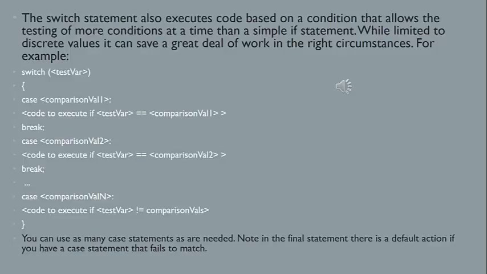For example: switch test variable, open curly bracket, case comparison value 1, code to execute if test variable matches comparison value 1, break; case comparison value 2, code to execute if the test variable matches comparison value 2, break; ellipsis, case comparison value n, code to execute if the test variable does not match comparison values, close curly bracket.